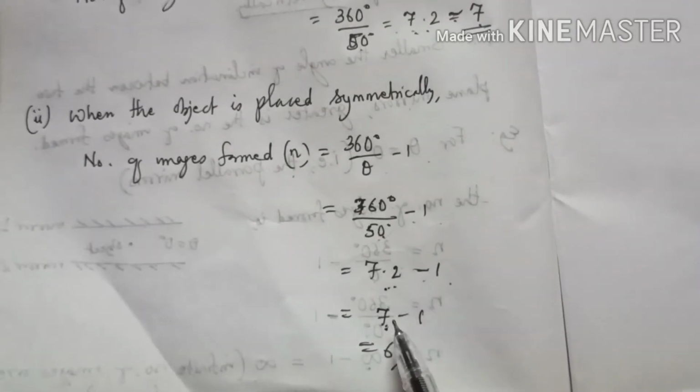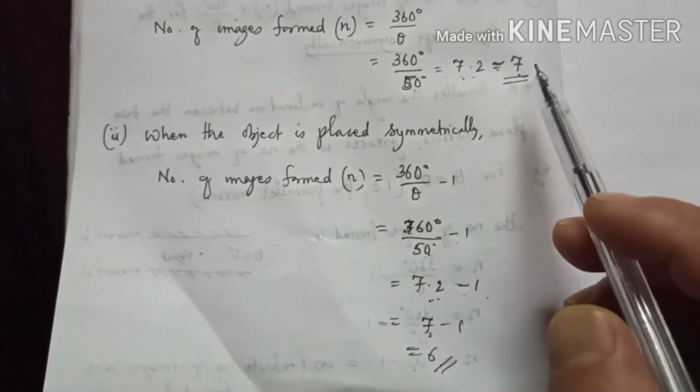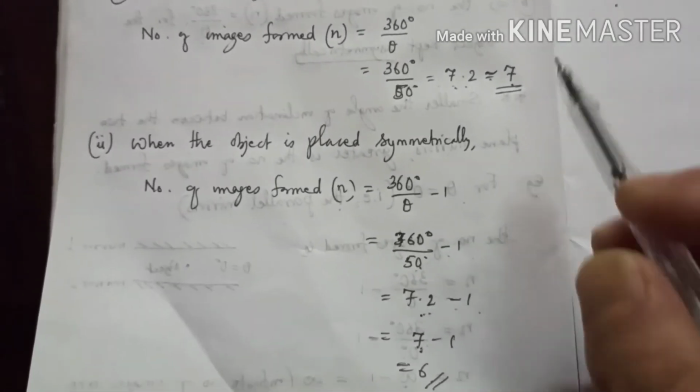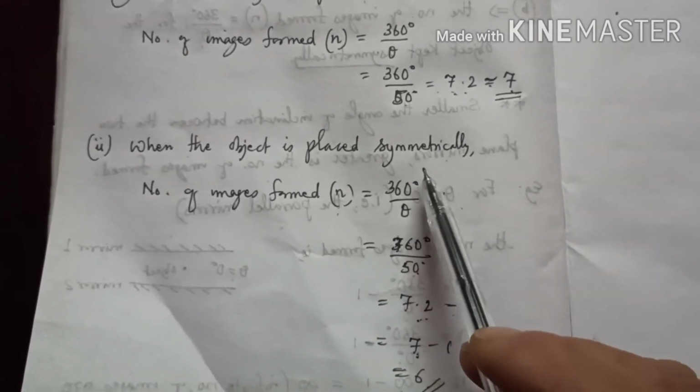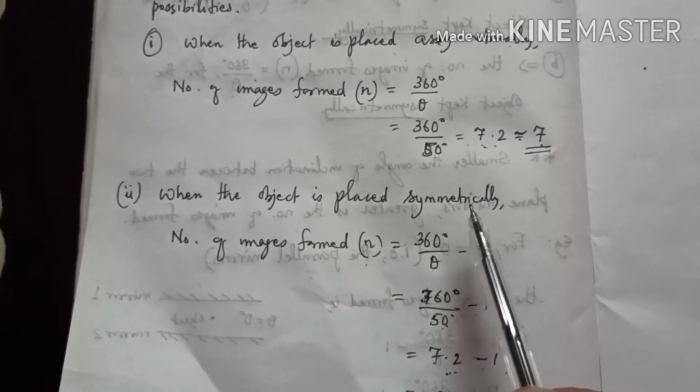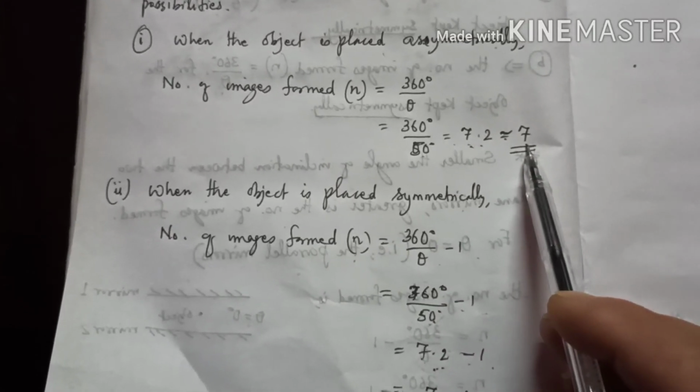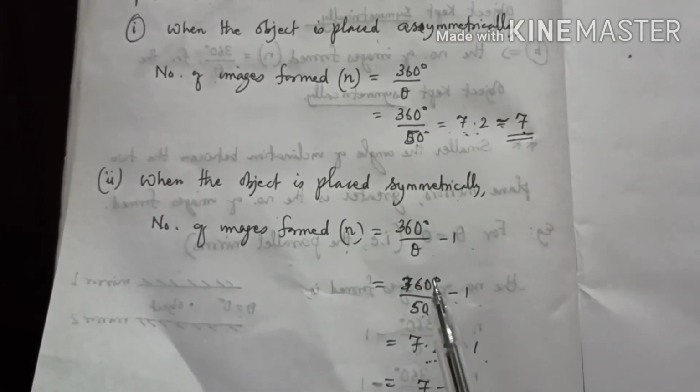We have to take the integral part. We are taking the integral part as 7, so 7 minus 1 is 6. So in this case, the number of images formed will be 6 when the object is placed symmetrically, and the number of images formed will be 7 when the object is placed asymmetrically.